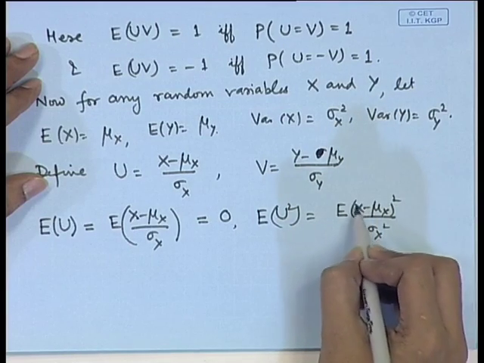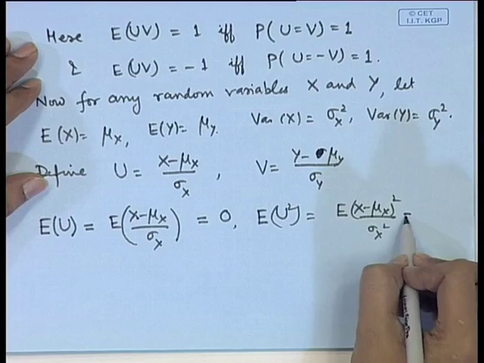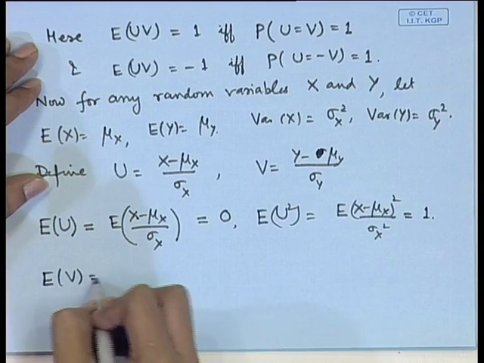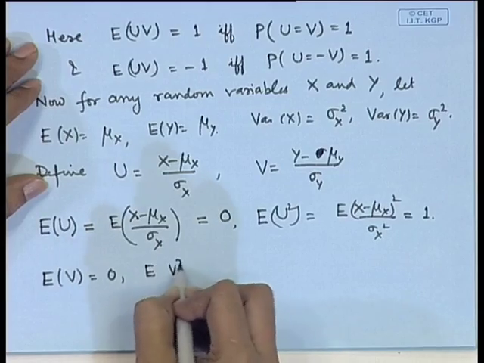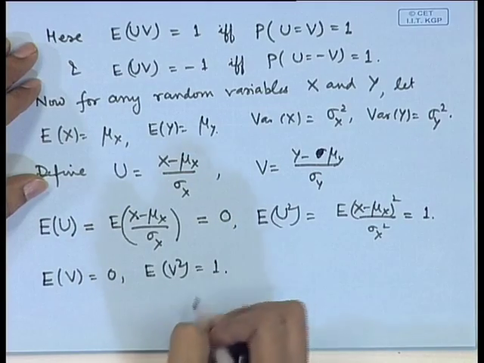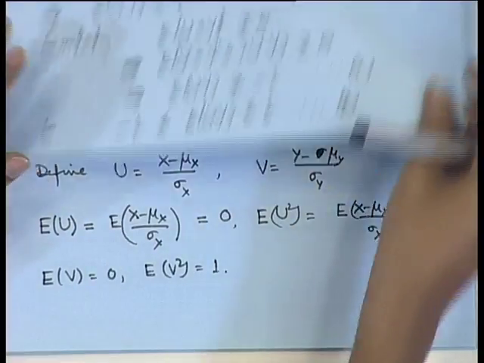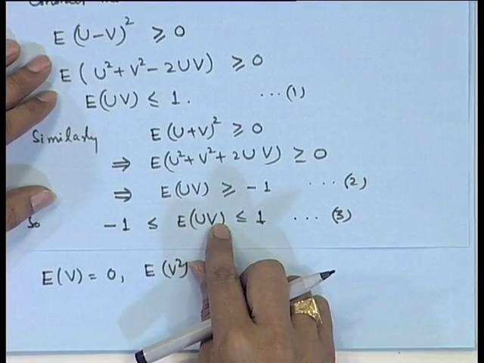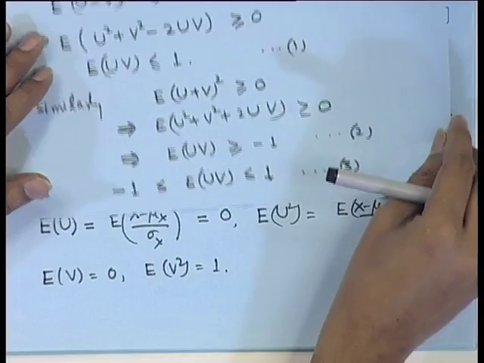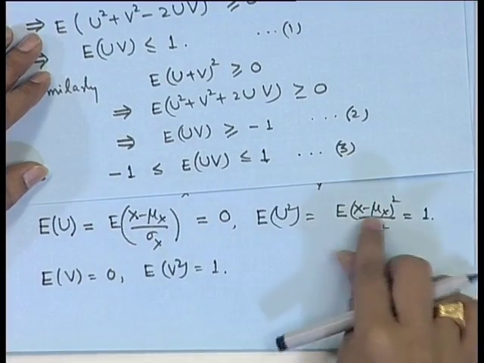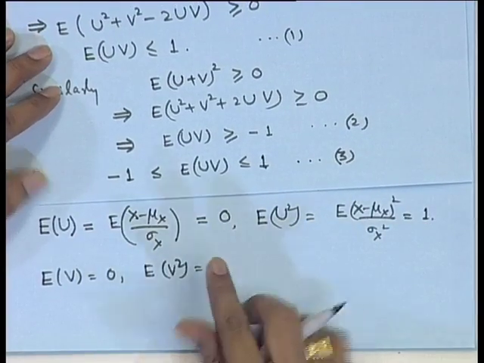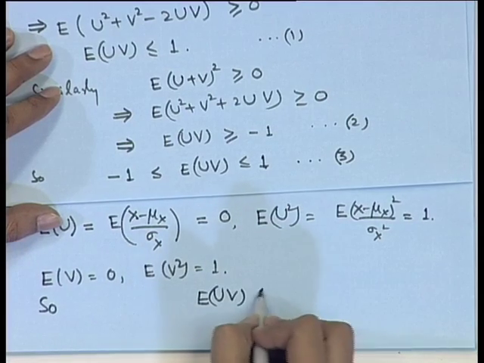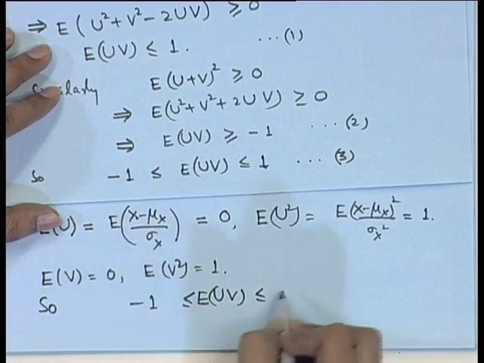Now, the numerator here is simply variance of x, that is sigma x square. So, it is 1. In a similar way you can see that expectation of v is 0 and expectation of v square is 1. So, if we make use of the inequality that we have proved here for u v random variables with the property that expectations are 0 and the expectation of the squares are 1, we get expectation of u v between -1 to 1.